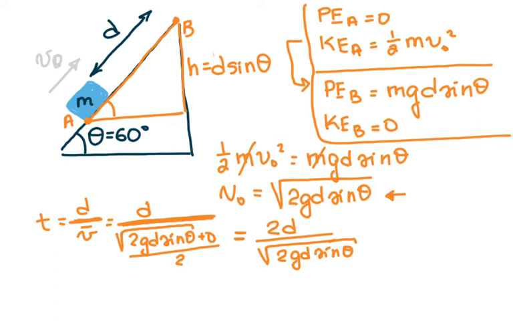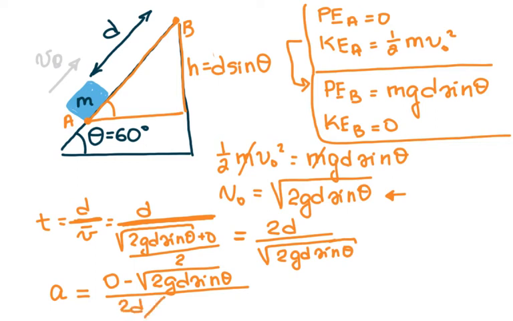So I can find acceleration is equal to change of the velocity. So the final velocity is 0, and initial velocity is the square root of 2gd sine theta, so minus the square root of 2gd sine theta, divided by the time, which is 2d divided by the square root of 2gd sine theta.